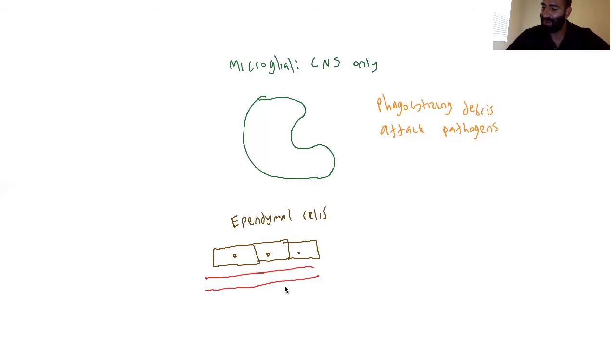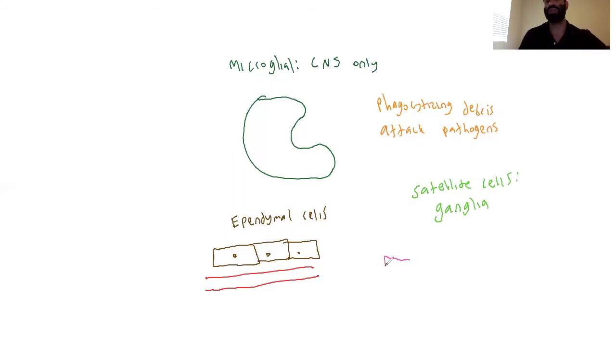And last of all, we have satellite cells. Quickly draw these. Don't want to spend a whole lot of time on glial cells. Satellite cells form something called ganglia. Now we're going to talk about this soon, maybe in a couple chapters or so.